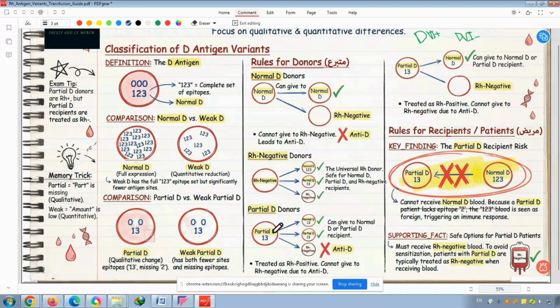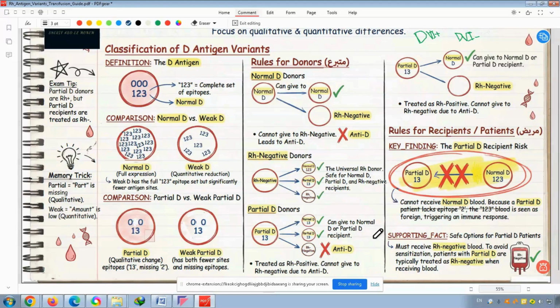If the donor is partial, which is missing this part of the antigen, we will dispense it. If we consider it positive as is, we will dispense it to a positive patient, whether normal or partial. But if someone calls it negative and dispenses it to a negative patient, that's a problem.